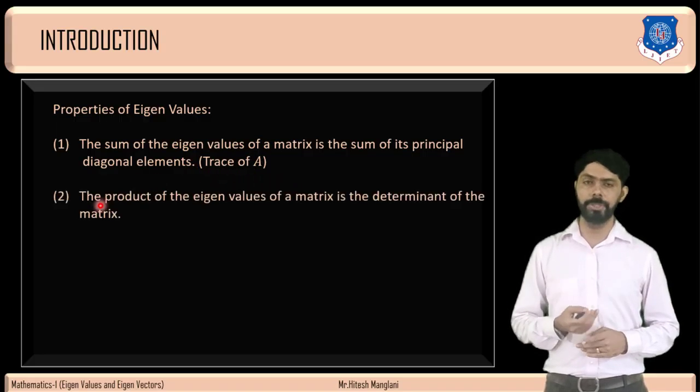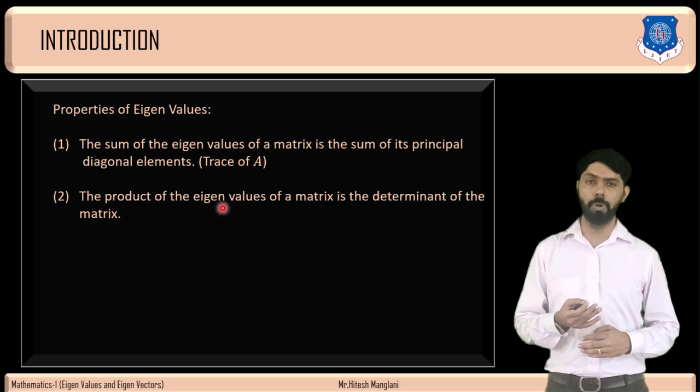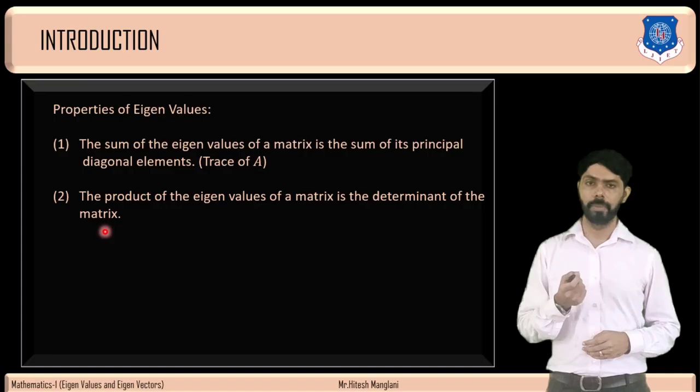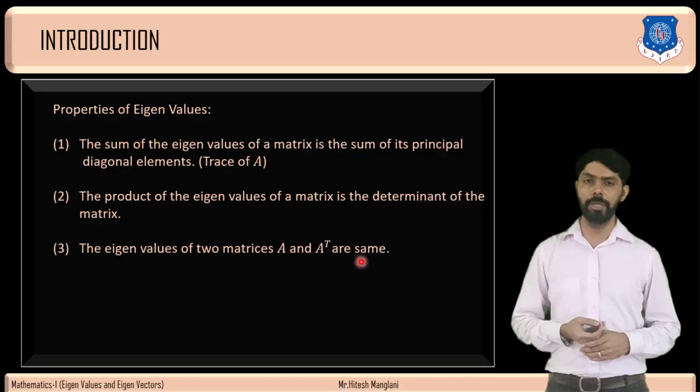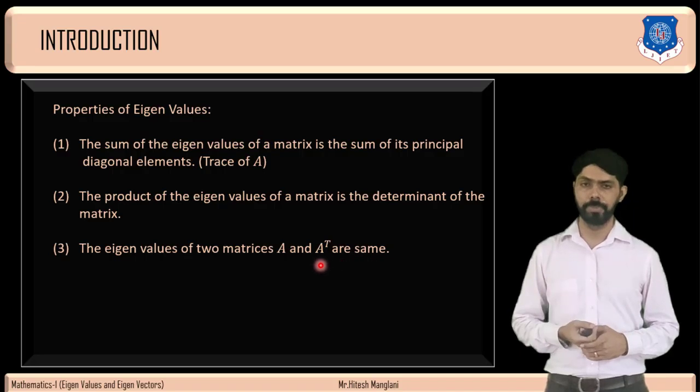Second property: the product of the eigenvalues of a matrix is the determinant of the matrix. Third property: the eigenvalues of the two matrices A and A transpose are the same. So if we find the eigenvalues of A and of A transpose, then both are the same.